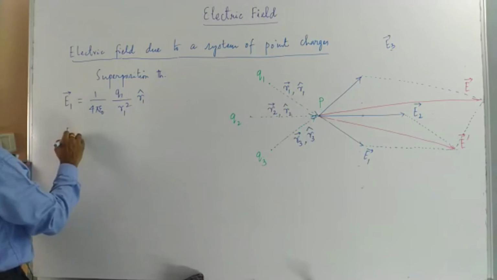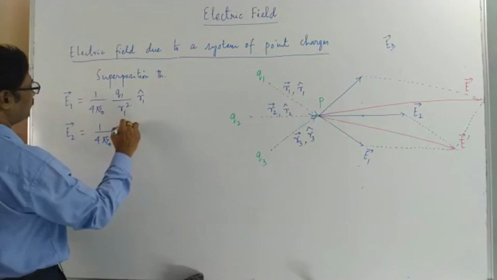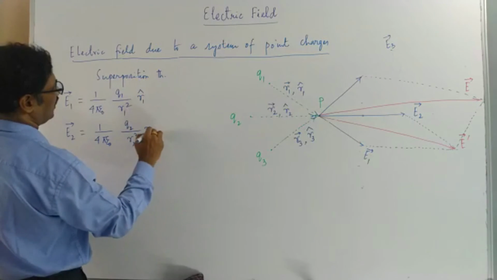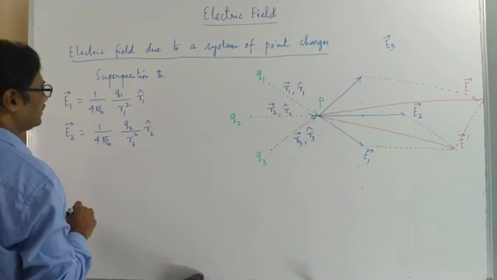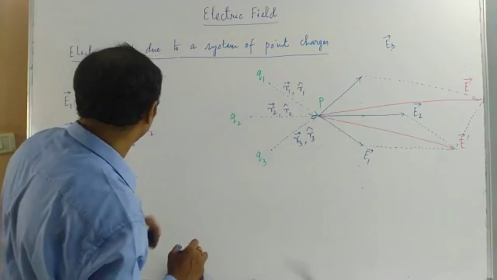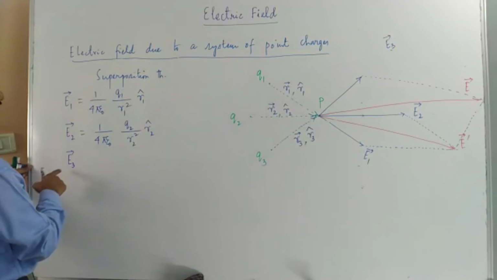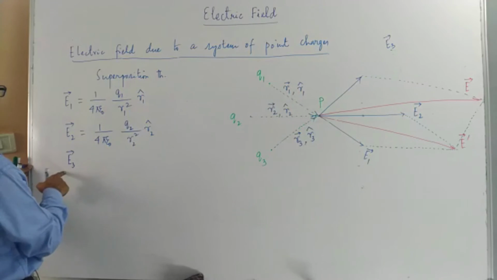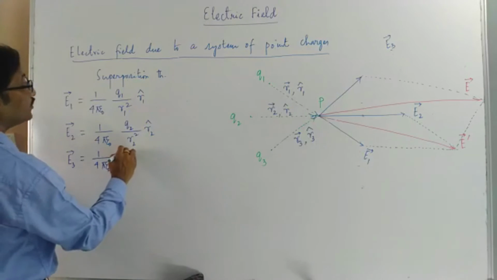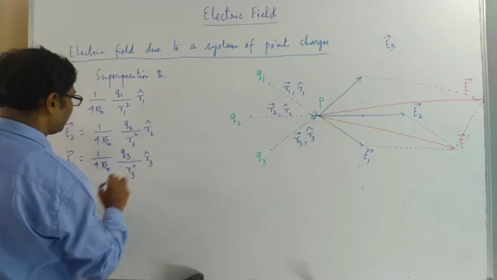When we consider E2, this will be 1 by 4 pi epsilon 0 Q2 by R2 square R2 cap. When I am calculating E2, I am neglecting the effect of Q1 and Q3. I can also calculate E3, the electric field produced by Q3 at point P, as 1 by 4 pi epsilon 0 Q3 by R3 square into R3 cap.